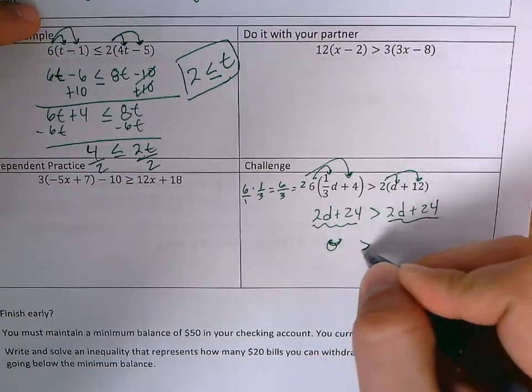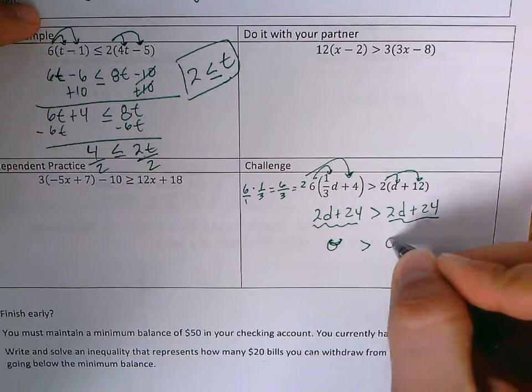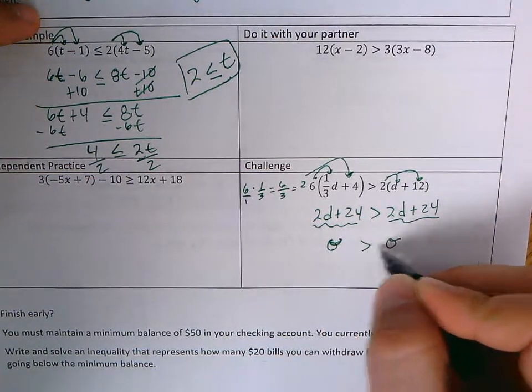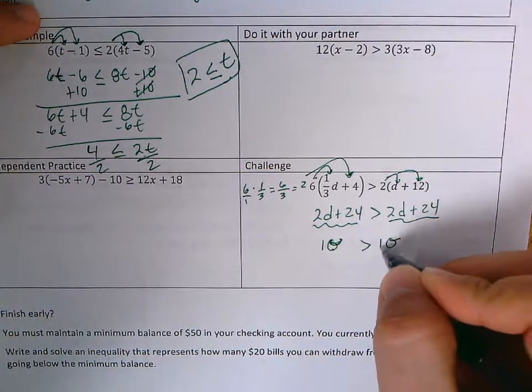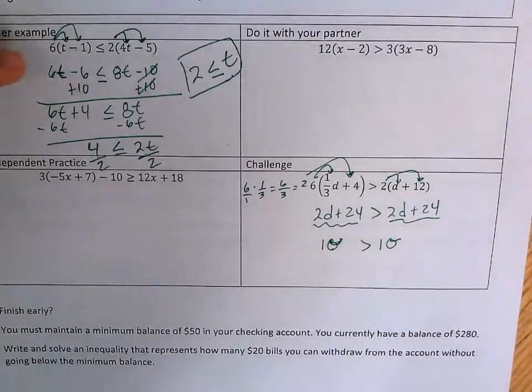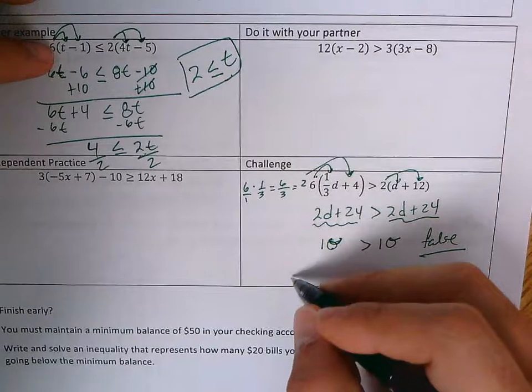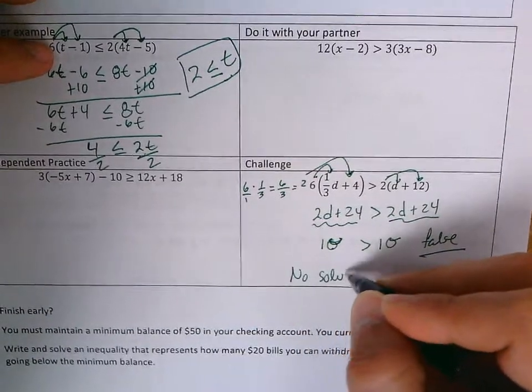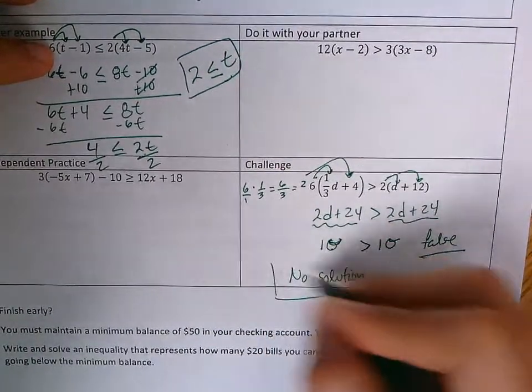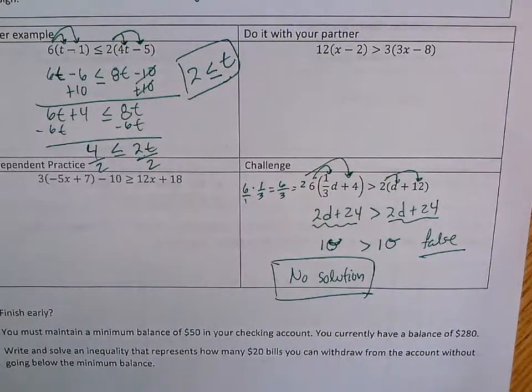If I have another orange here, does that mean that one orange is greater than another orange? That's not really true. So because this is false, that means I have no solution.